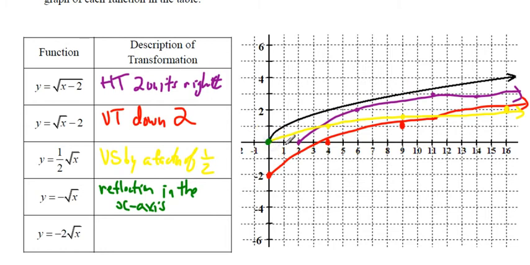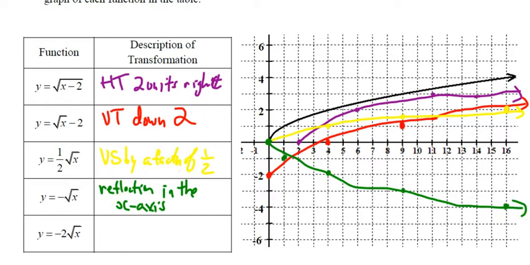Well, it won't do anything to 0. (1, 1) becomes (1, negative 1), (4, 2) becomes (4, negative 2). We'll get (9, negative 3) and (16, negative 4). And now let's see if I can graph this. I should have just pulled out decimals. There we go.